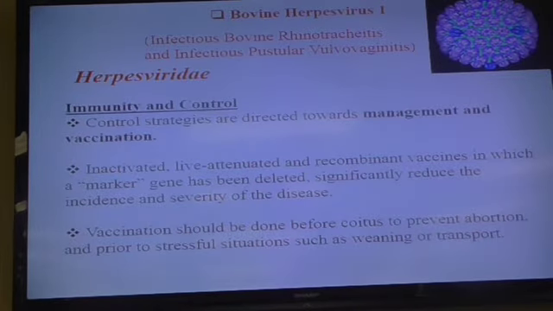If you remember when we talked about the DIVA test, I gave you the example of influenza virus vaccination, where a gene is deleted, causing a protein not to be present in the virus in the vaccine, and hence it makes the distinction between an antibody response against the vaccine and an antibody response as a result of natural infection. So the same thing here.